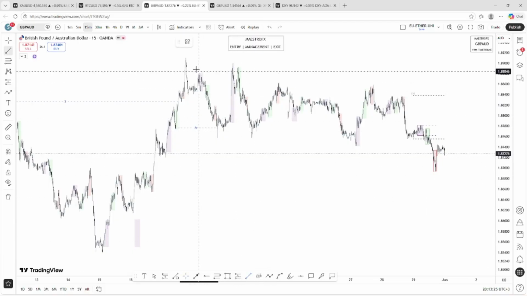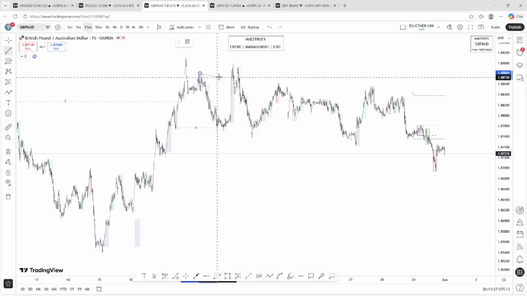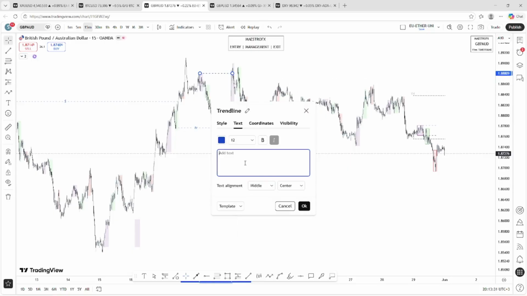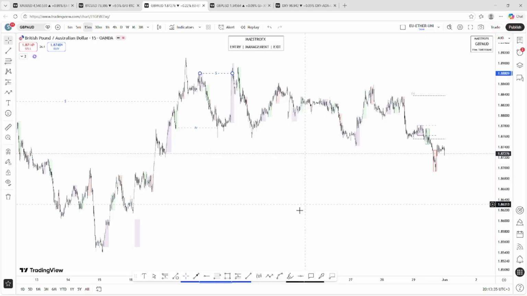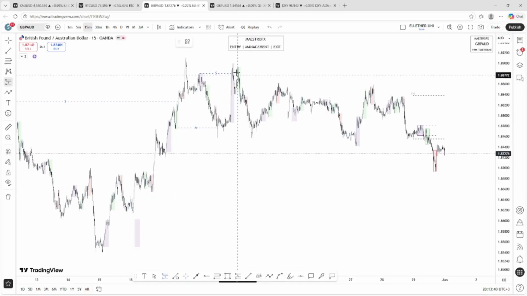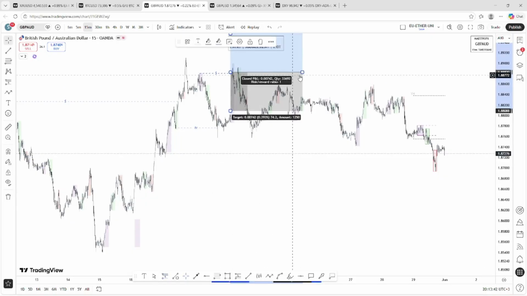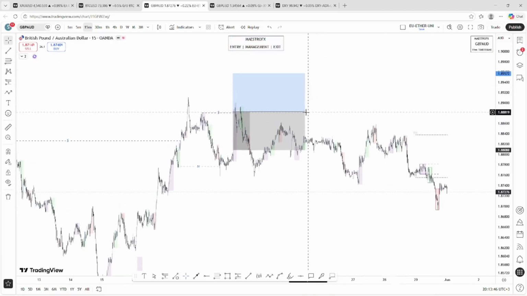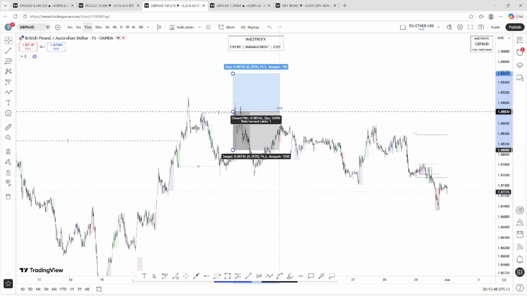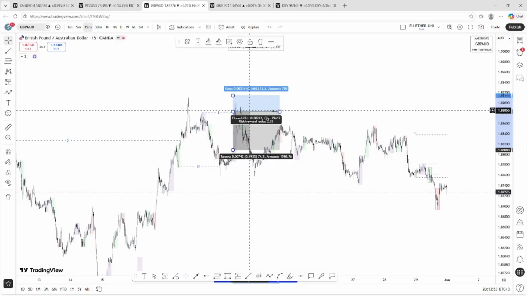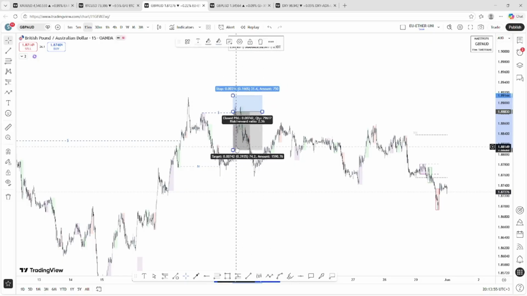Price again retraced to the extreme level, and took channel liquidity. This was a very, very good setup, which I took, and I will share it with you on the screen. Yes, this is exactly what I was looking for.